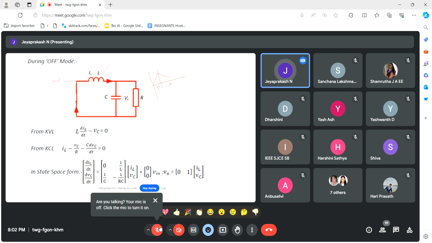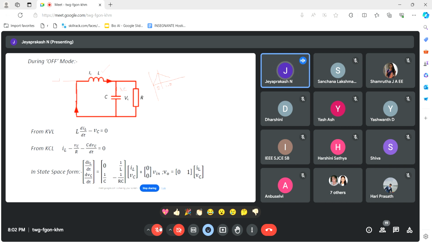Okay. Now in the switch off period also, we have the inductor and capacitor both in parallel. So L di/dt minus Vc is equal to 0. I am applying KVL. Next I am going to find the current through the capacitor, for which I am going to apply KCL.